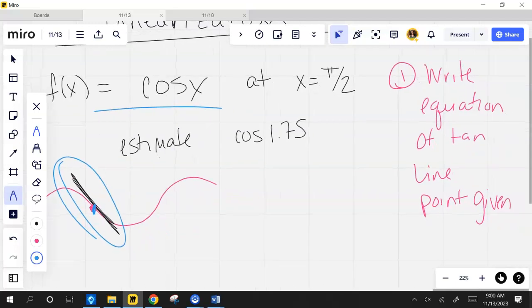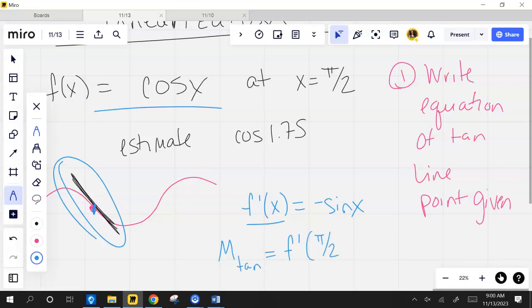So what's the equation of the tan line? Is that what you're asking? Yes, the derivative is negative sine. Because I'm writing the equation of a tan line, I'm doing this so that I have the slope, right? The slope of the tan line is going to be the derivative at pi over 2.